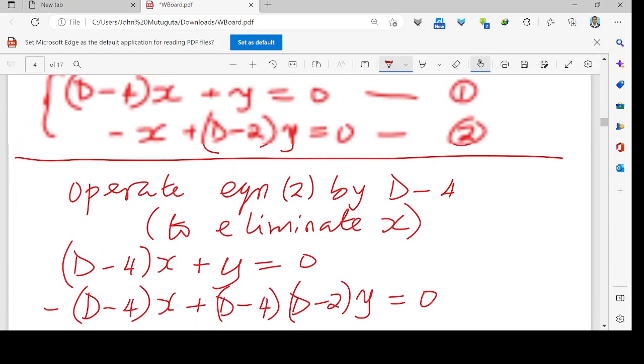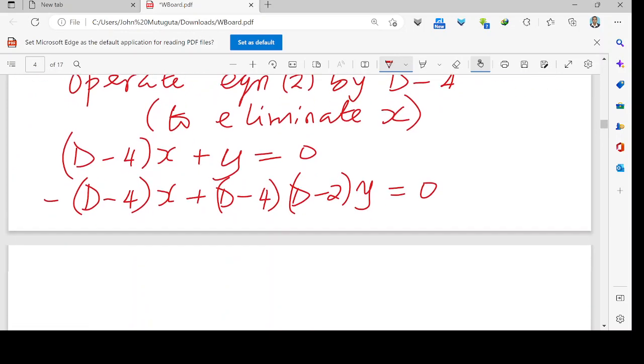That's the second equation when we operate it with D minus 4.